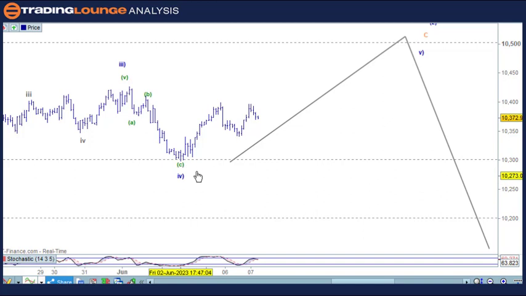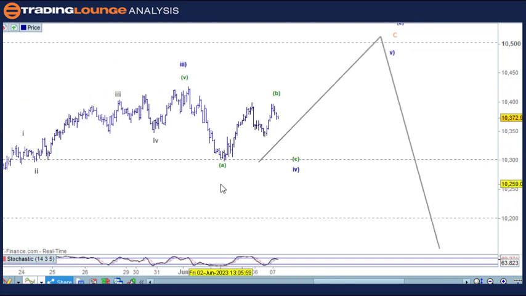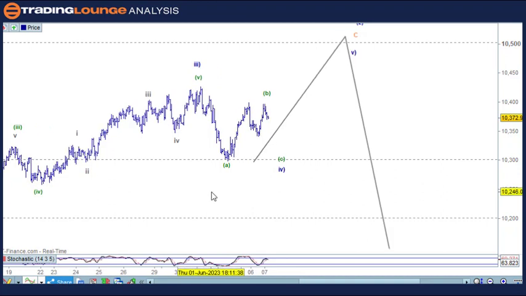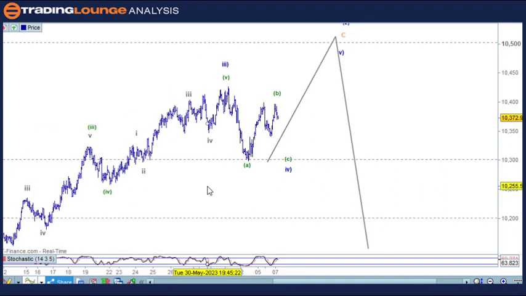But we know wave 4s can get a bit tricky, so we could even have this playing out in a larger corrective pattern over here, which is still simple as an A, a B, and a C. That still would be regarded as simple.